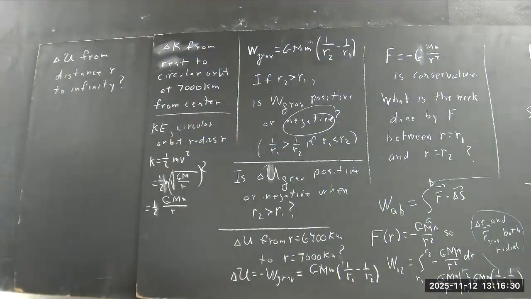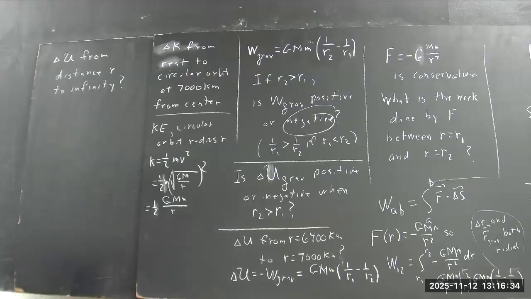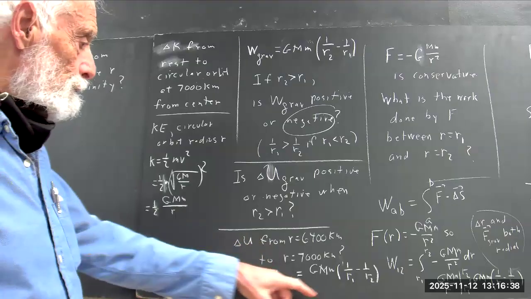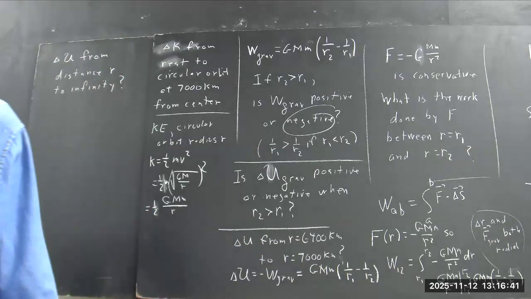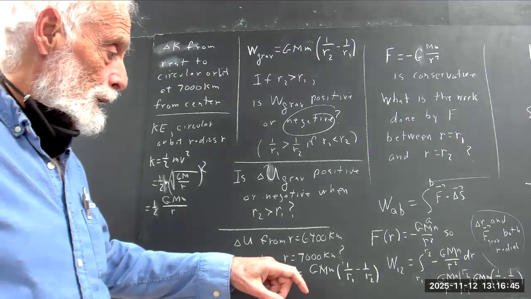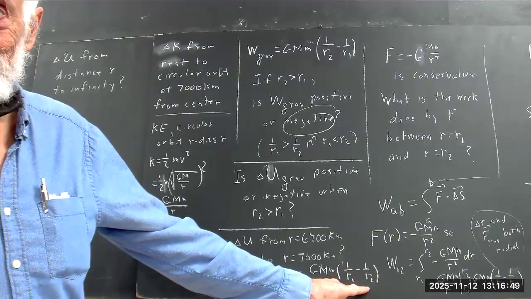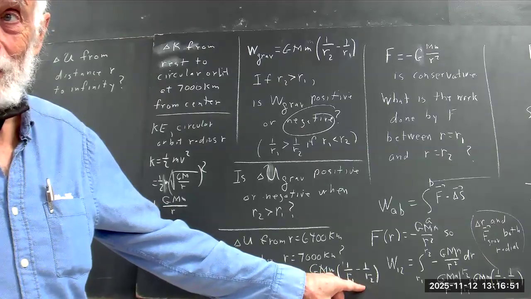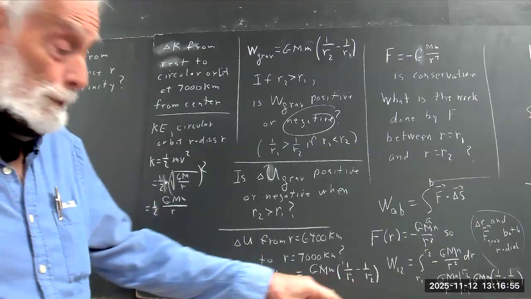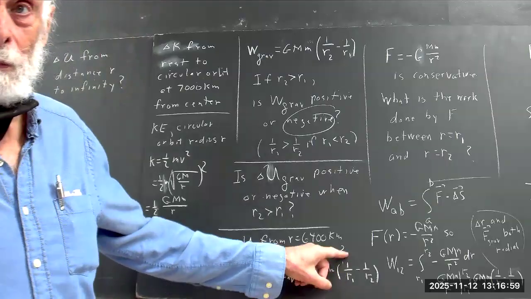Okay, we don't want to take too much time on this. A lot of you wrote down good stuff. We have this expression for delta U from r1 to r2, right? As r2 gets really big, what happens? This fraction becomes insignificant, right? And this fraction remains because that's where you start from.